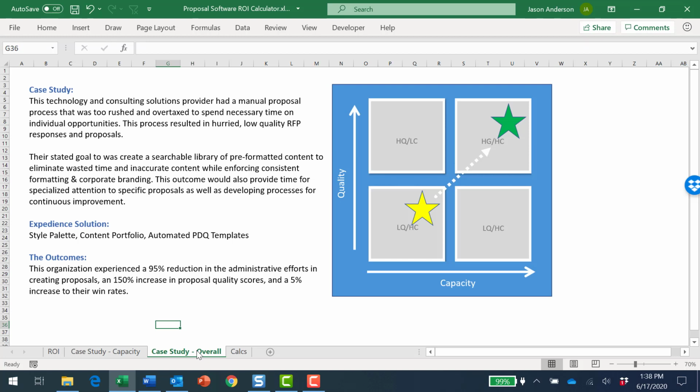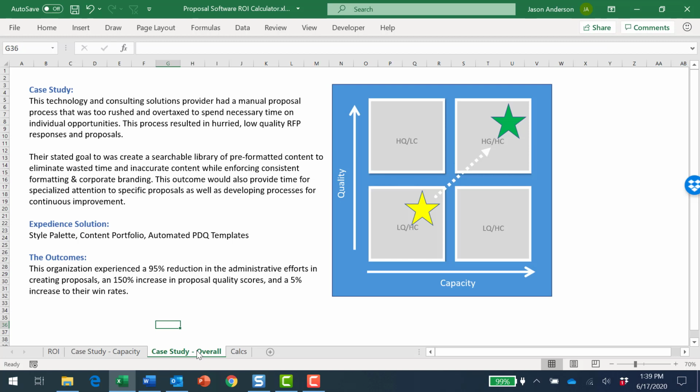And so the proposal speed went through the roof, but also their quality scores went up. They eliminated those copy-and-pasting kinds of mistakes, and the regular blocking and tackling of creating a professional quality proposal improved, which had a direct impact on their win rate.